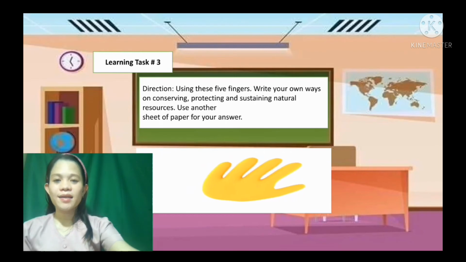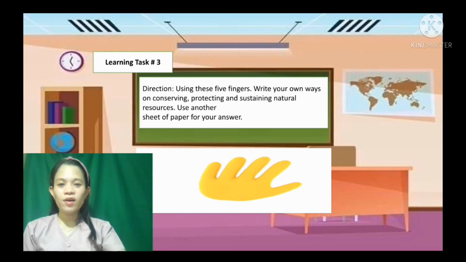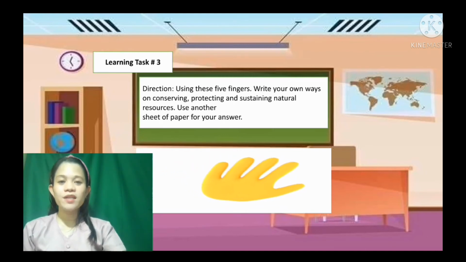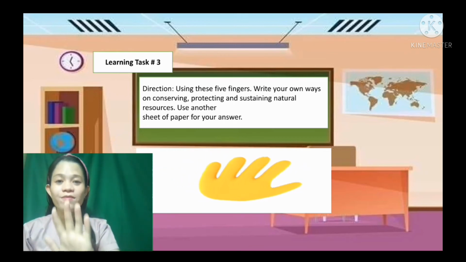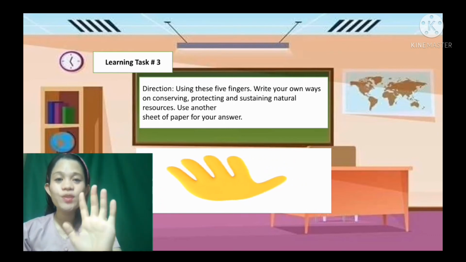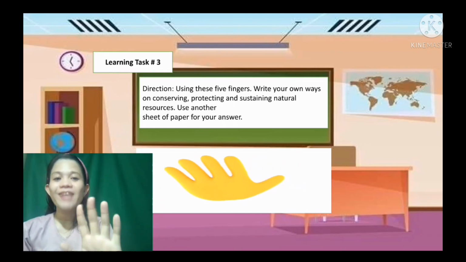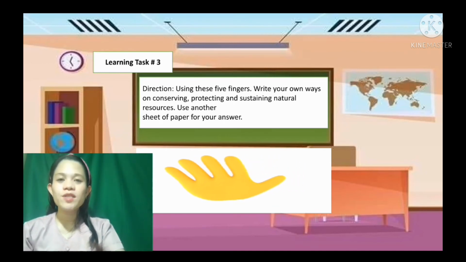Okay. Next. Ayan. For learning task number 3. Direction. Using these 5 fingers, but ulitin ko po, using your 5 fingers, write your own ways on conserving, protecting, and sustaining natural resources.